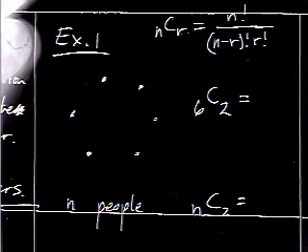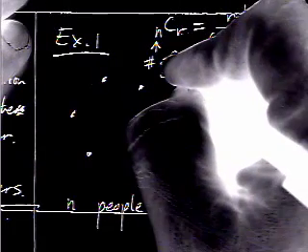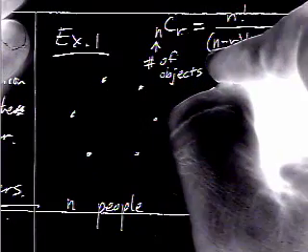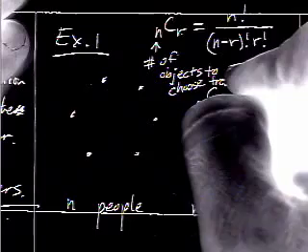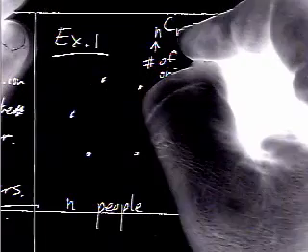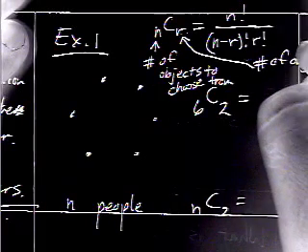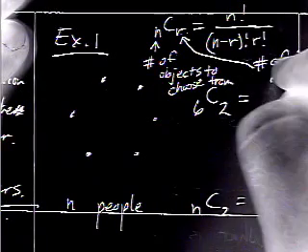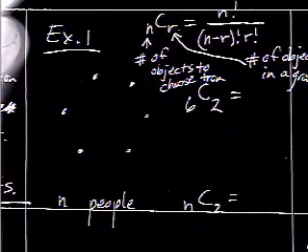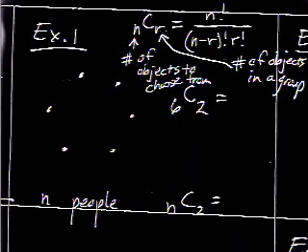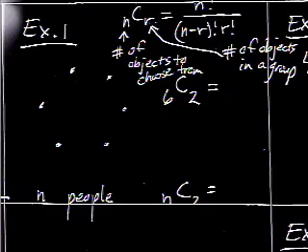Now, n represents the number of objects to choose from, and r represents the number of objects in a group. So we have the number of objects to choose from, and then the number of objects in a particular group.